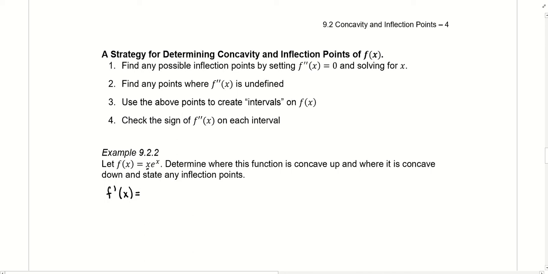I have x times e to the x, so a product of functions of x. And so my first derivative is going to be x times the derivative of e to the x, which is e to the x, plus the derivative of x times e to the x, which gives me a first derivative of x times e to the x plus e to the x.